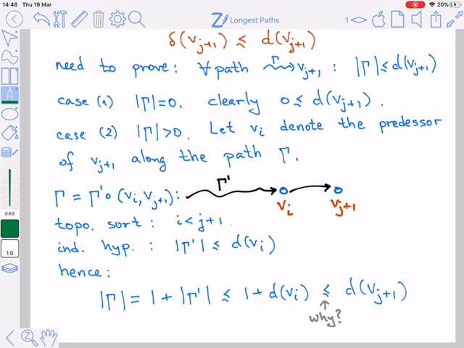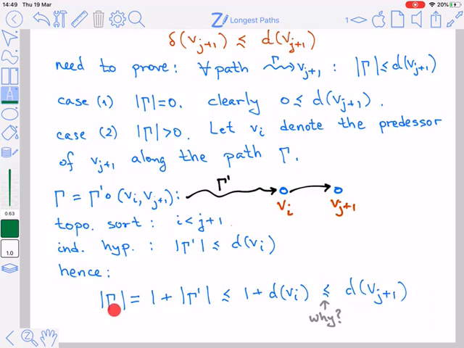Okay? Now, topological sorting tells us that i is strictly less than j plus 1 because we have an edge from Vi to Vj plus 1. The induction hypothesis, when applied to Vi, tells us that the length of gamma prime is not greater than the delay of Vi.